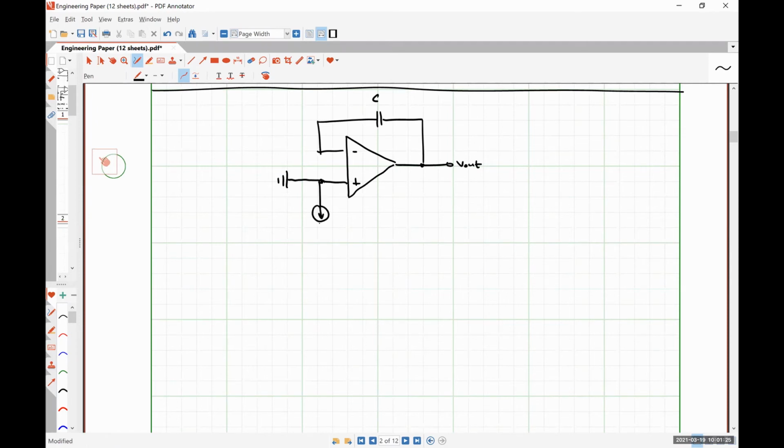Now we're going to have some input bias current IB1 over here. We're going to have our input bias current IB2. Here's our resistor, and here is our input signal.